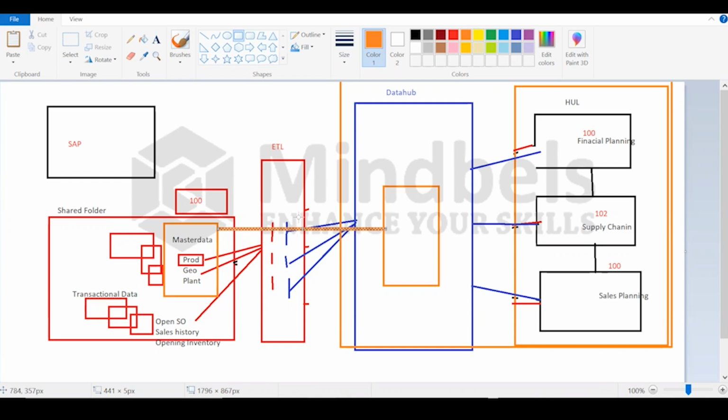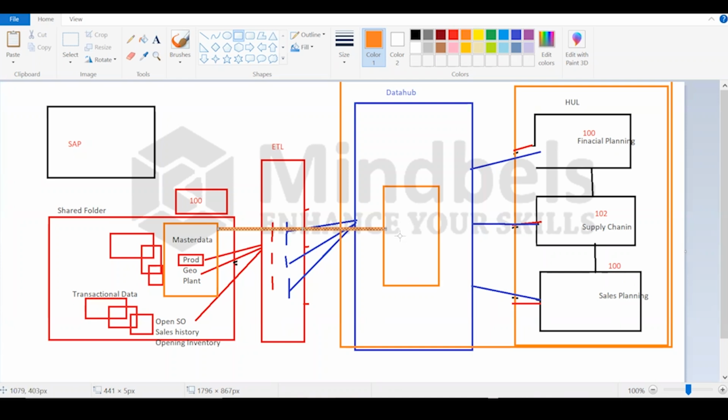In between, we are using this ETL. That's what exactly we are doing here, right? To pick up a file, we run a job. To push the file, we run a job. Once we schedule all these jobs, the same data is pushed to this data hub model.